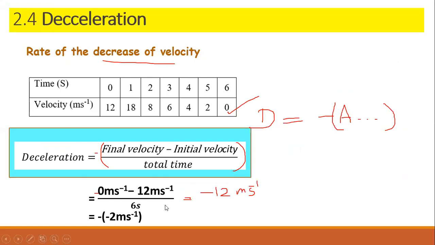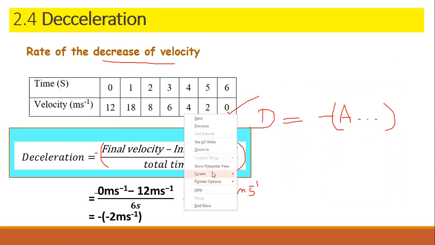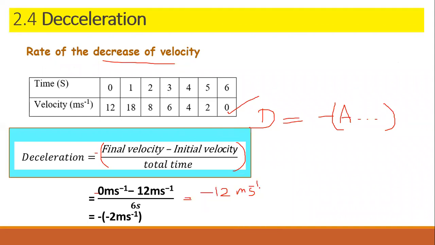Okay, now it's fine. Deceleration is minus acceleration. We have to start like this.